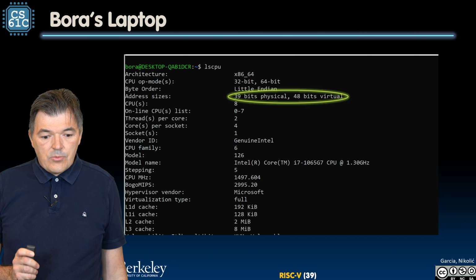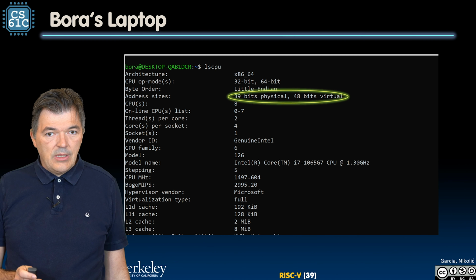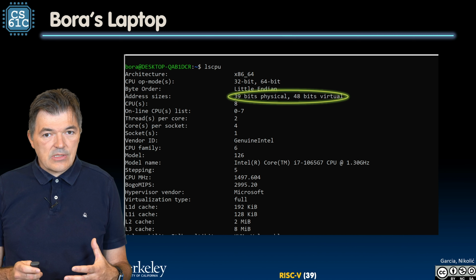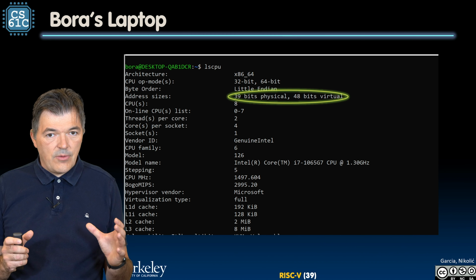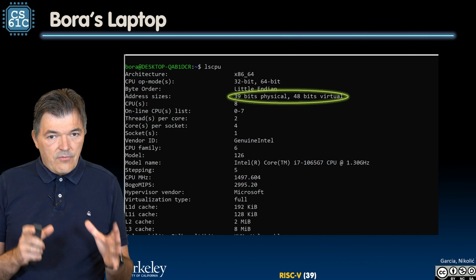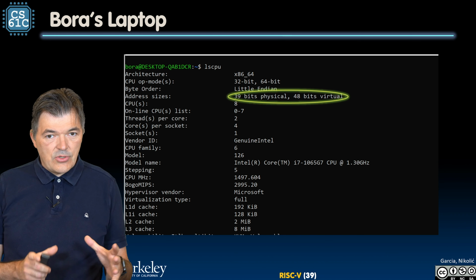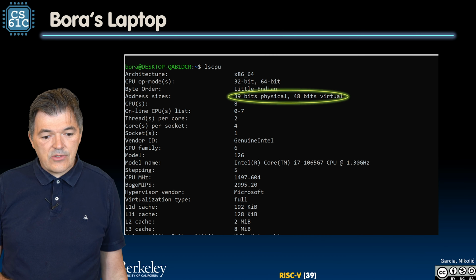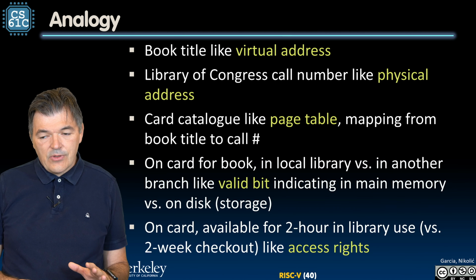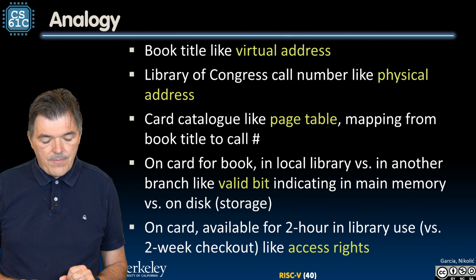Okay, so when we talk a little bit about understanding differences in this translation from the virtual space to the physical space of addresses, or virtual range of addresses to the physical range of addresses, there are some useful analogies that we can come up with.